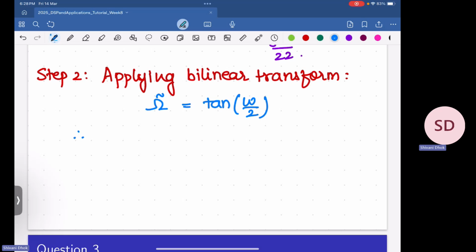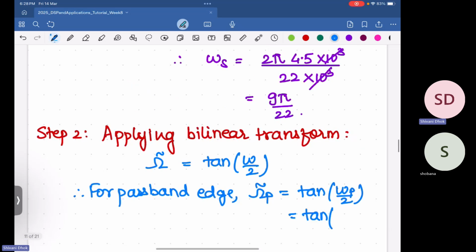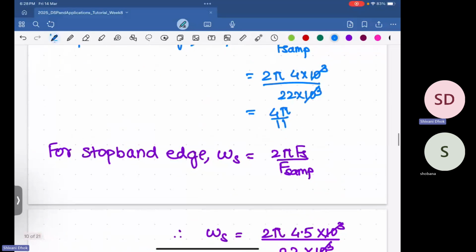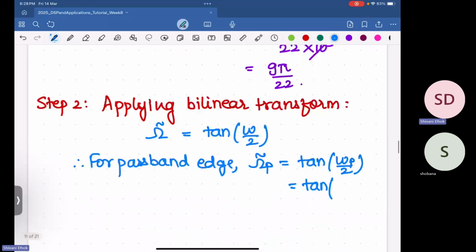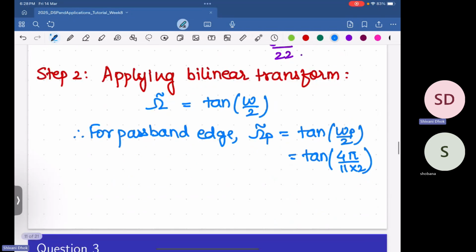So for the pass band edge, omega tilde p is tan of omega p by 2, which is equal to tan of, what is our little omega p? Little omega p is 4 pi by 11. When we solve this, it comes out to be 0.6427 radians per second.